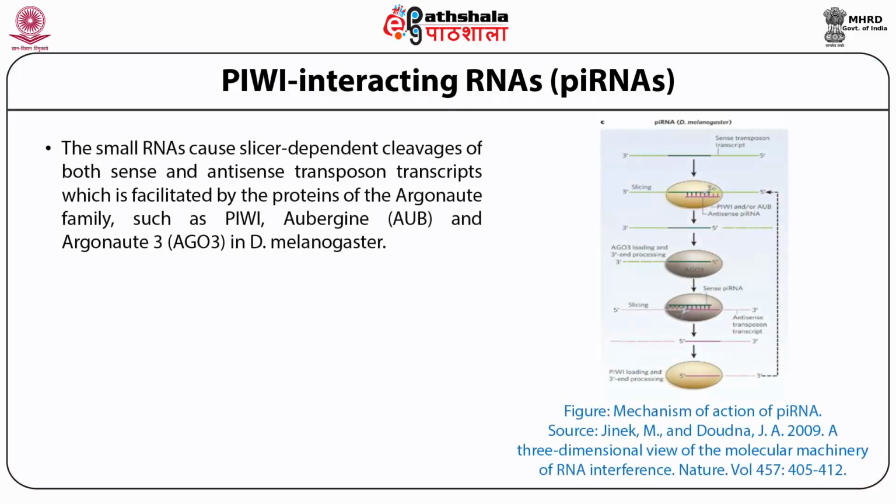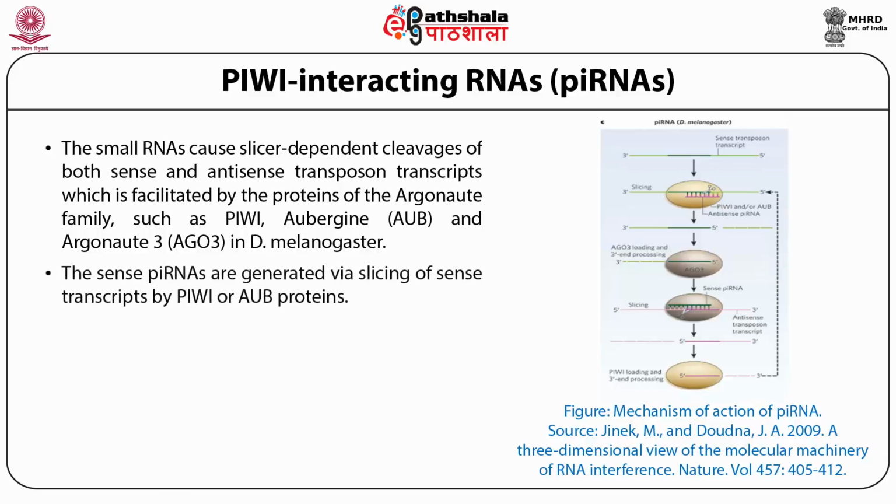The small RNAs cause slicer-dependent cleavages of both the sense and the antisense transposon transcripts, which is facilitated by the proteins of the argonaute family such as PIWI, aubergine known as AUB, and argonaute 3 known as AGO3 in Drosophila melanogaster. The sense piRNAs are generated via slicing of sense transcripts by PIWI or AUB proteins.